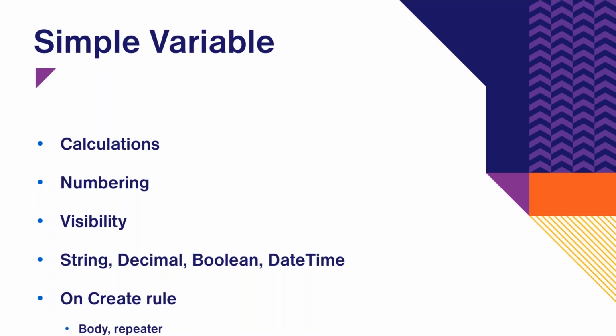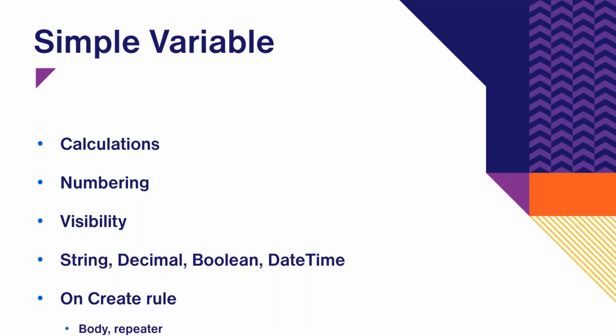types, and each of them has a so-called onCreate rule. So when the variable is created, so when the generator starts, there is a rule that will be executed. It is similar to, for example, form rules. These variables can be defined on the body, so it will be basically created when the report is being generated, or it can be, for example, also defined for a repeater.